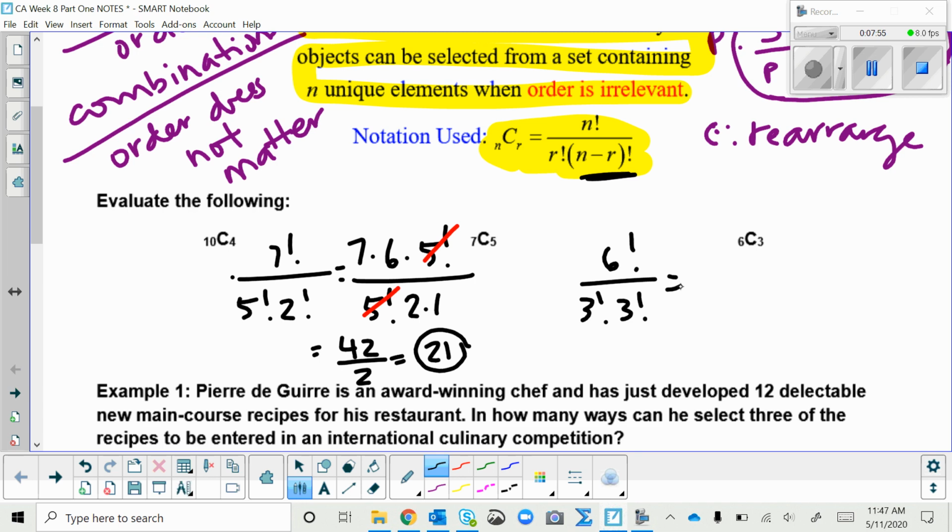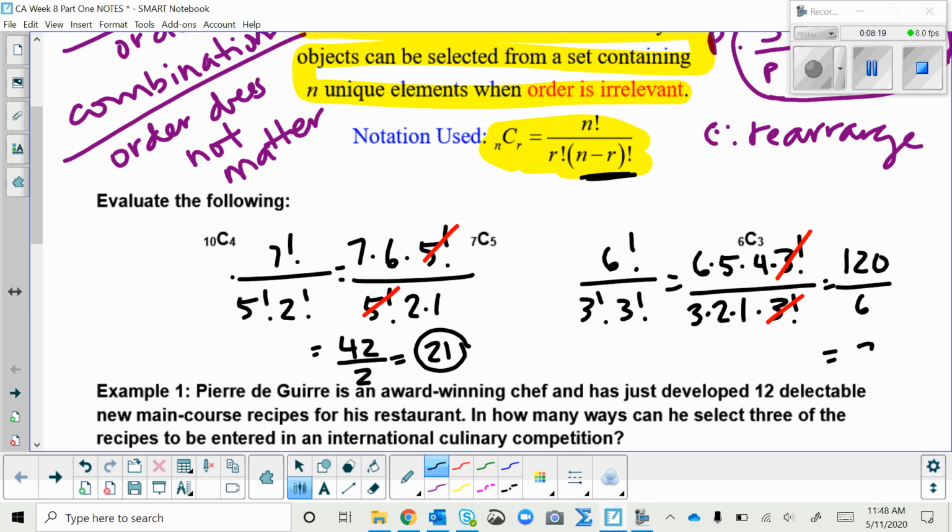When I start to break down 6 factorial, I'm going to stop once I get to 3, because I know it can cancel out with one of the 3 factorials on the bottom. Now, multiplying across the top gives you 120. Across the bottom is 6, and that simplifies to 20.